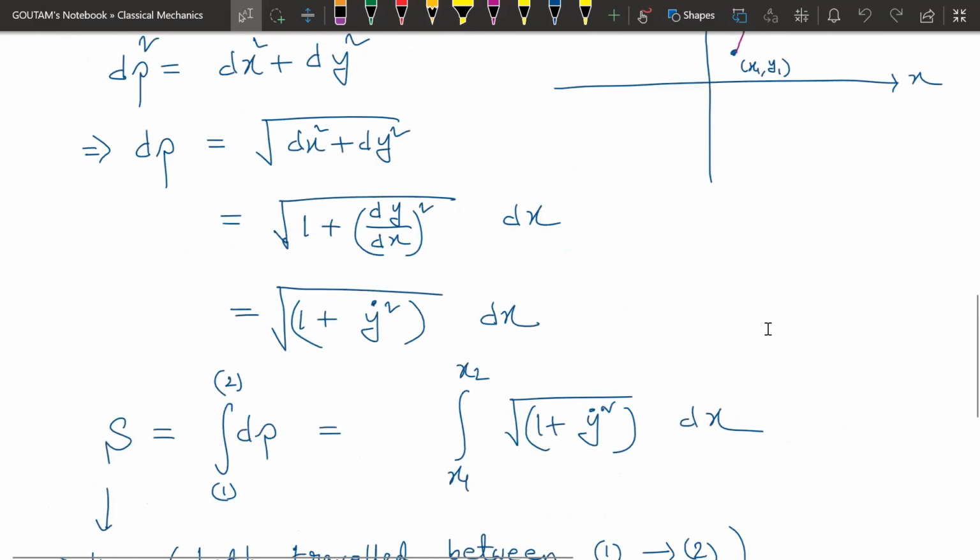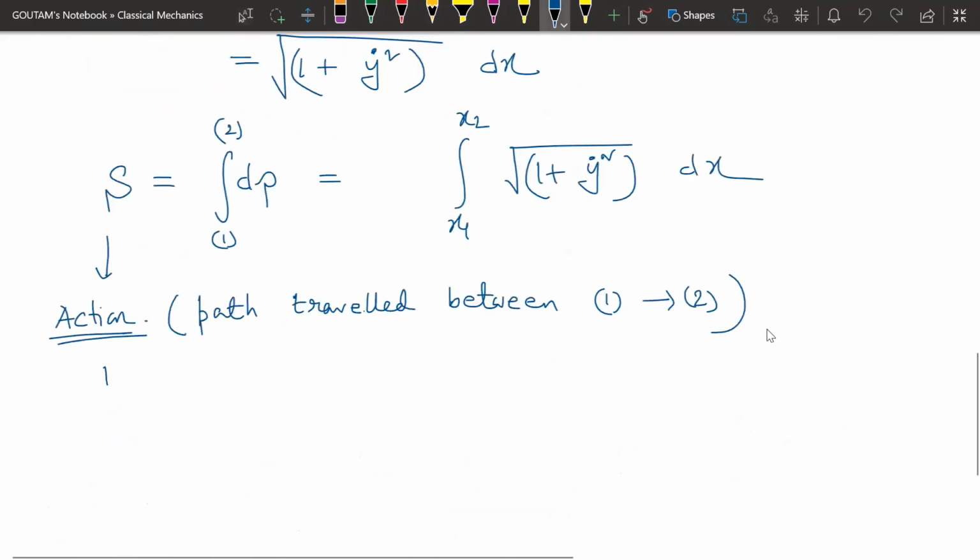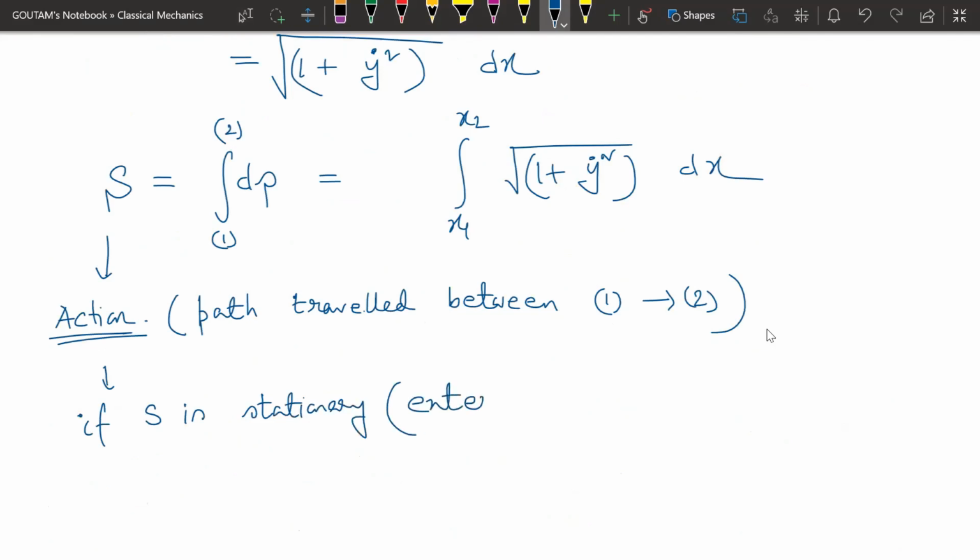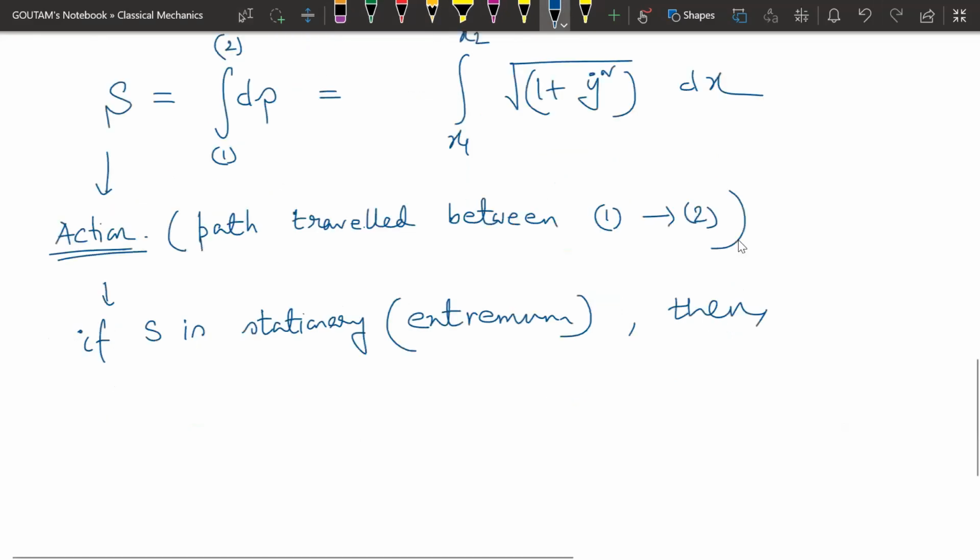We will use Hamilton's principle and state that if this action S is stationary, or extremum, then delta S equals 0.